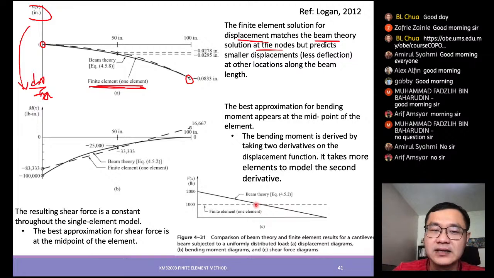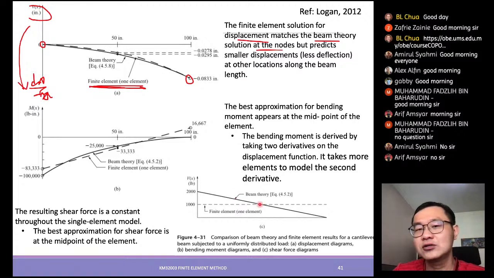So if you intend to get only the exact displacement of the beam, you can add a node at the middle. But if you do not intend to do so, and you want to know the shear force and other things, then you don't need to, because the best approximation would be at the middle of the element.